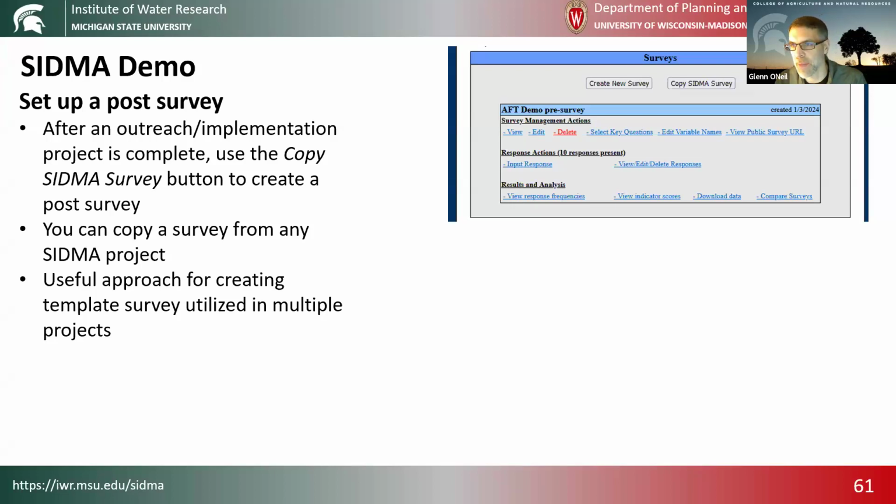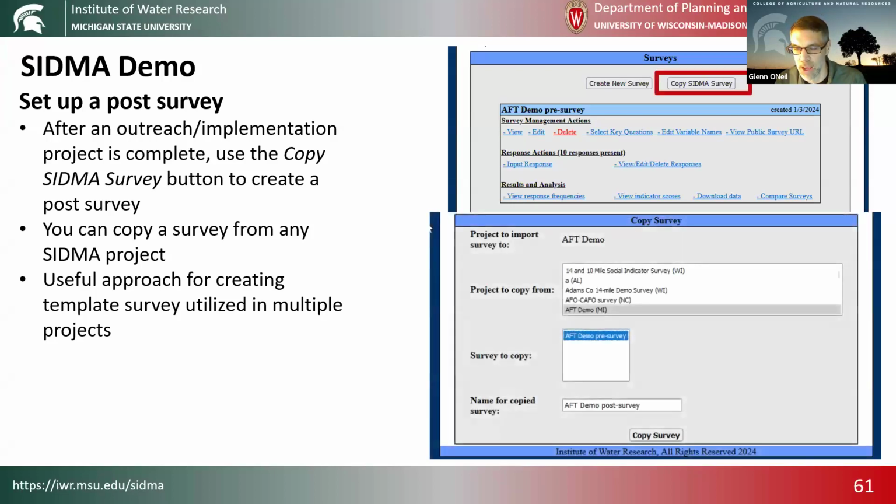One of those is the Copy SIDMA Survey button, which will allow you to select a project within SIDMA and a survey within that project to copy into your project. It could be from any project, but typically what you would do is take your pre-survey that you'd already generated and collected responses on and create a new survey and just call it post-survey.